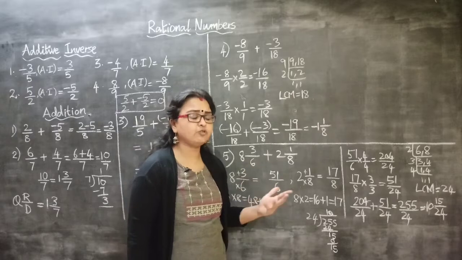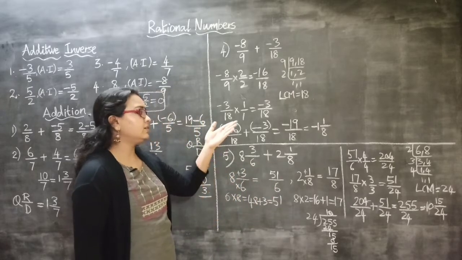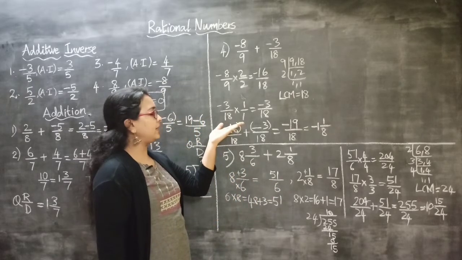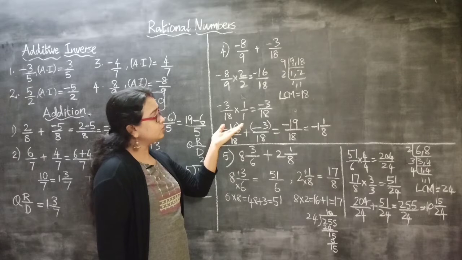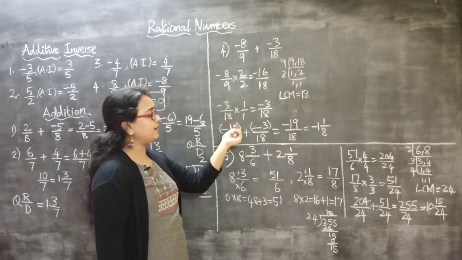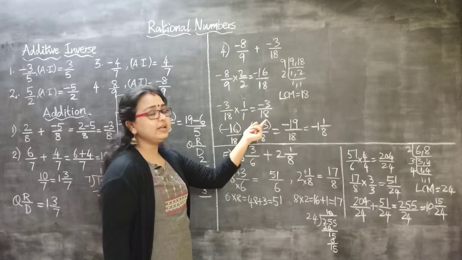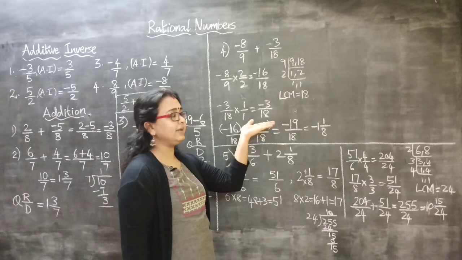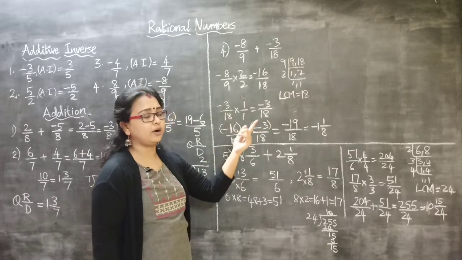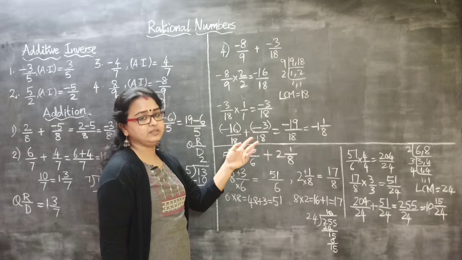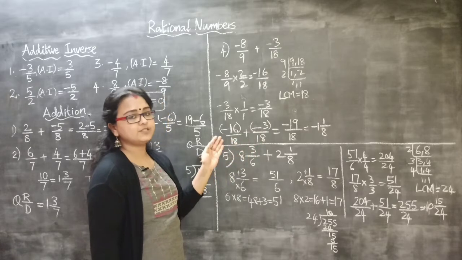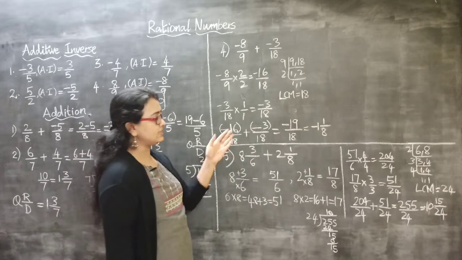So you don't have to convert anything, but to avoid any confusion, you might sometimes get confused, right? So what to be multiplied with this? For that reason I have multiplied with 1, because when I multiply 1 only, I will be getting the denominator as 18. Actually this step can be avoided. Directly you can add with this, okay? Initially you will be getting confusion, so I just mentioned here.